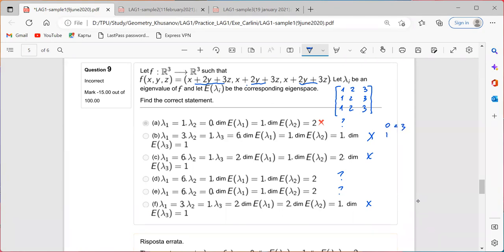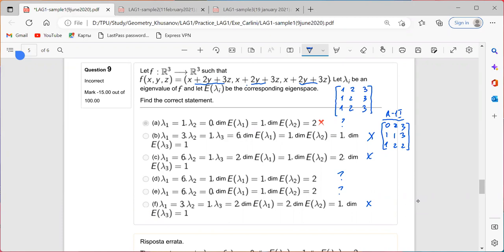Second row 1, 2 minus 1, which is 1, 3, then 1, 2, and from the 3 we have to subtract lambda, or 1. So this is the matrix A minus 1 I. We are supposing that 1 is an eigenvalue. What about this determinant? This determinant should be equal to 0 for 1 to be an eigenvalue.